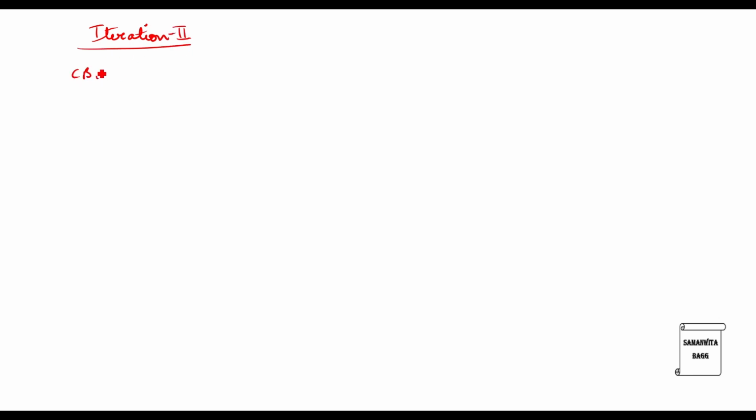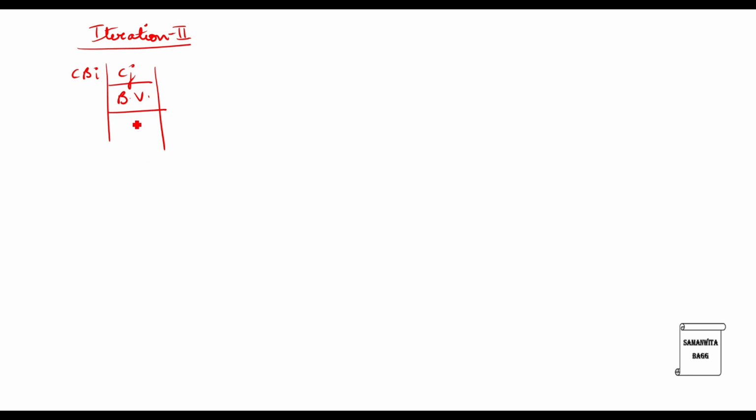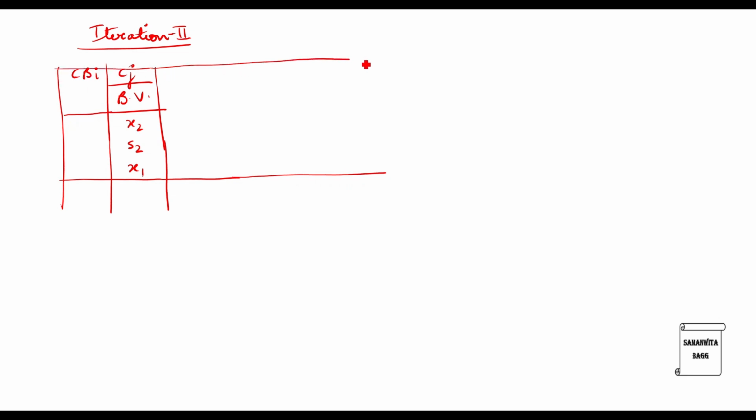We'll start with CBI, Cj, basic variable. Here the first value is x2, s2 and then x1. So write down x2, s2, x1. Be very careful when you are entering this data, because if you make a mistake in any one value, you will keep running into the loop of solving iterations and you may not end up getting the solution.